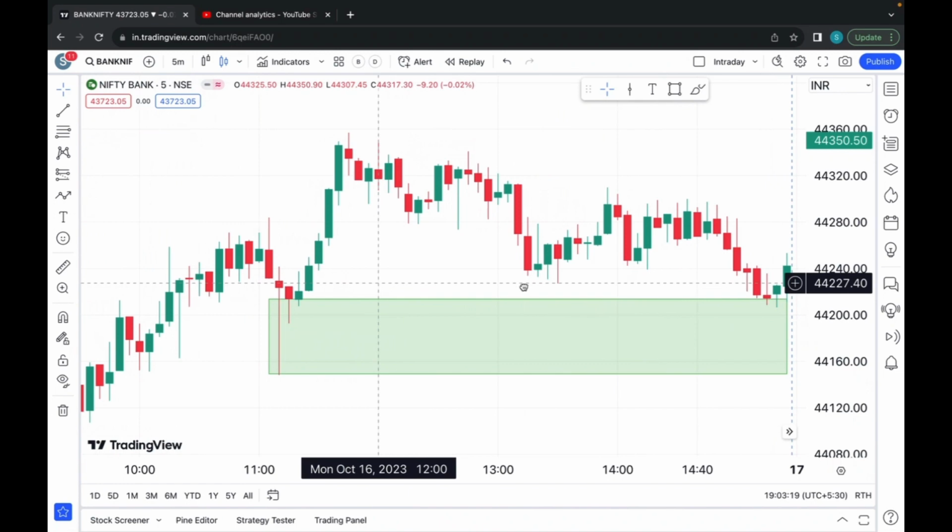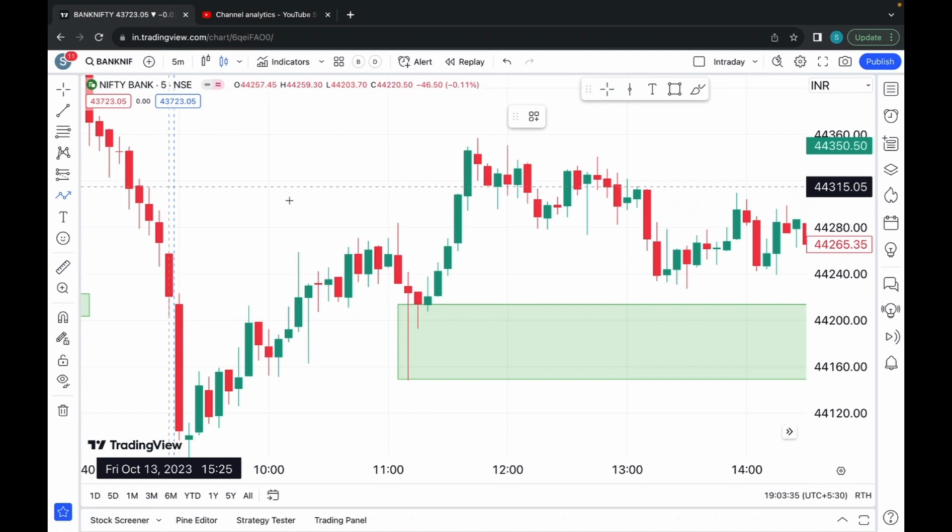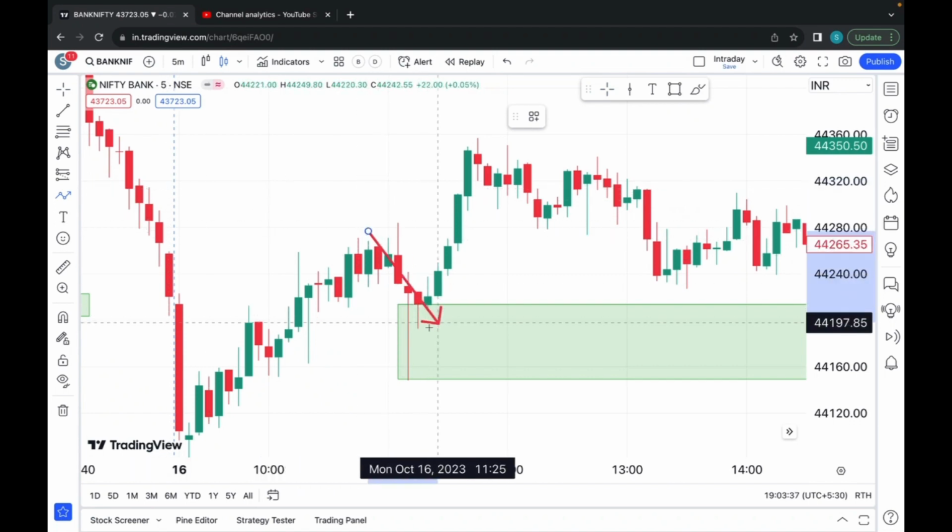But the candle after that, this particular red candle, is a hammer because it has exactly two times the wick to the real body, and it is coming after a short downtrend.